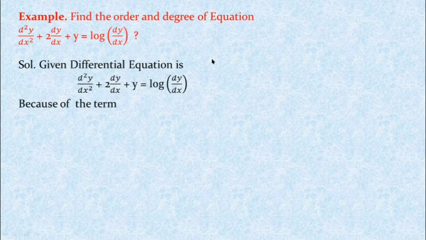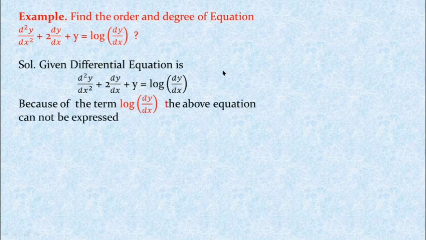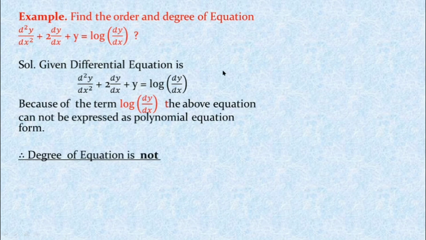So because of this term, this equation cannot be transformed to polynomial form. So that's why the degree of this equation is not defined. But the order will be defined.